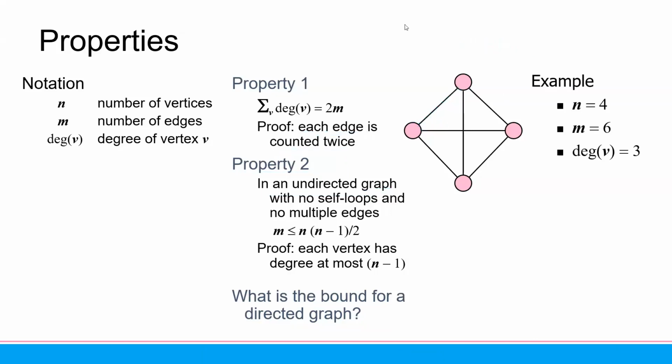In an undirected graph with no self loops, do you still remember? No self loops means there is no edge entering its own node, and no multiple edges. No multiple edges means the same as no parallel edges.